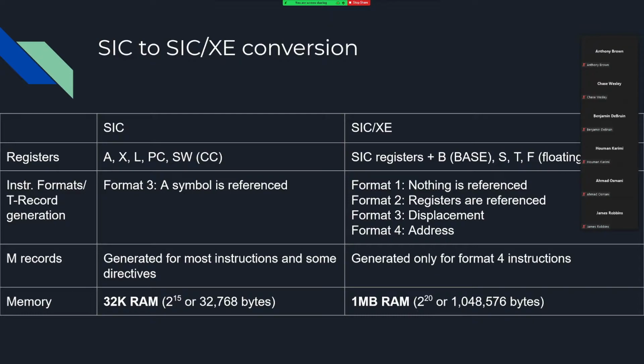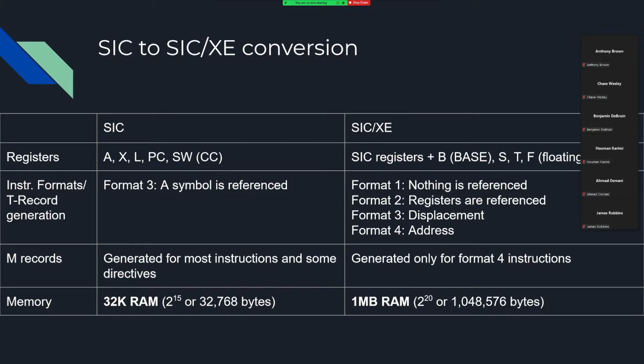So what's different from SIC XE from standard SIC? First of all, XE has some new registers. The base register for base addressing, S and T are just additional general purpose registers, and F is the floating point register.